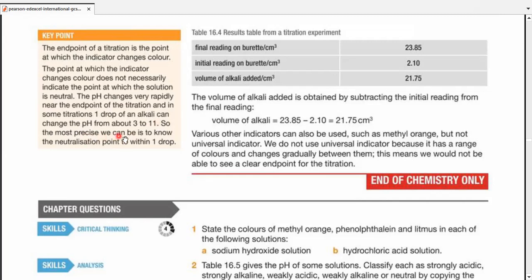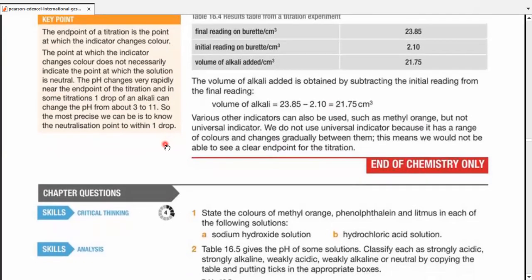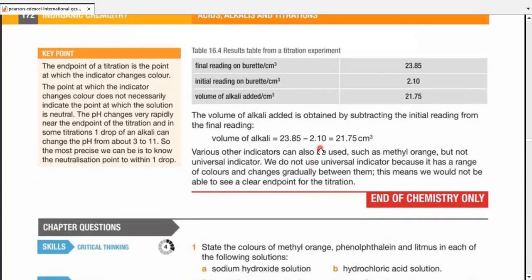So the most precise we can be is to know the neutralization point to within one drop. That's the best we can do. There are other solutions to getting to the endpoint of the neutralization point, but we discuss titration up to this far at this level. And that's about it for this chapter.